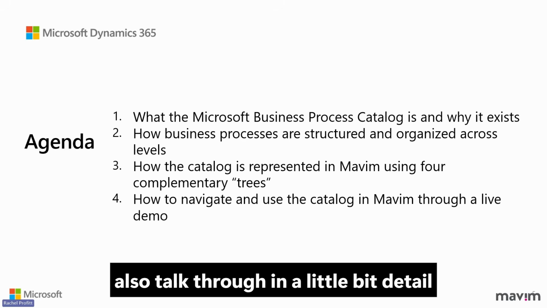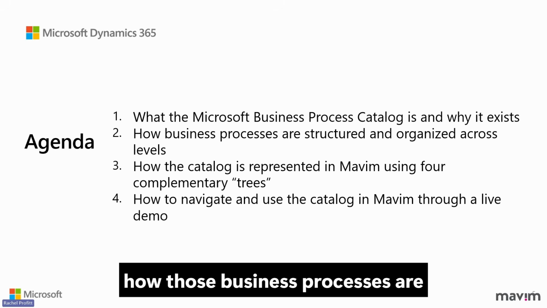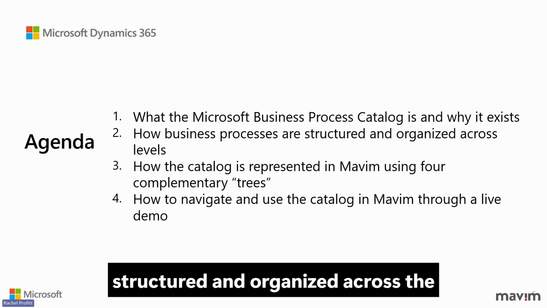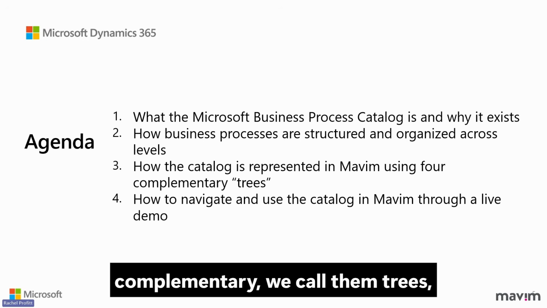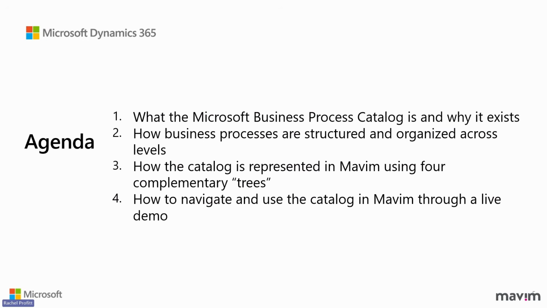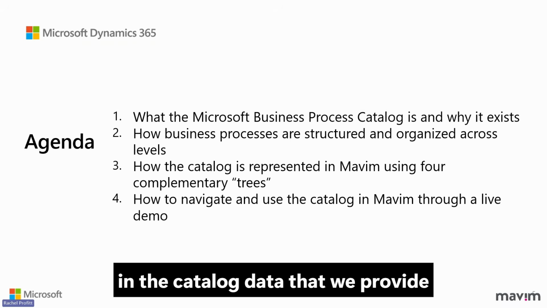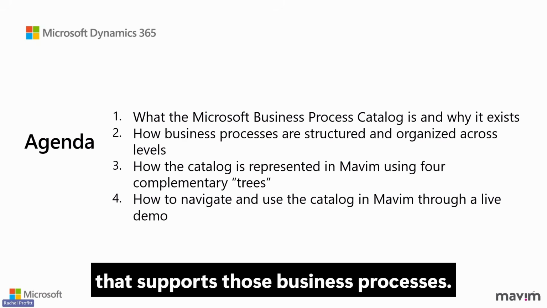We'll also talk through in a little bit of detail how those business processes are structured and organized across the different levels, as well as all of our complementary, we call them trees, in the catalog data that we provide that supports those business processes.